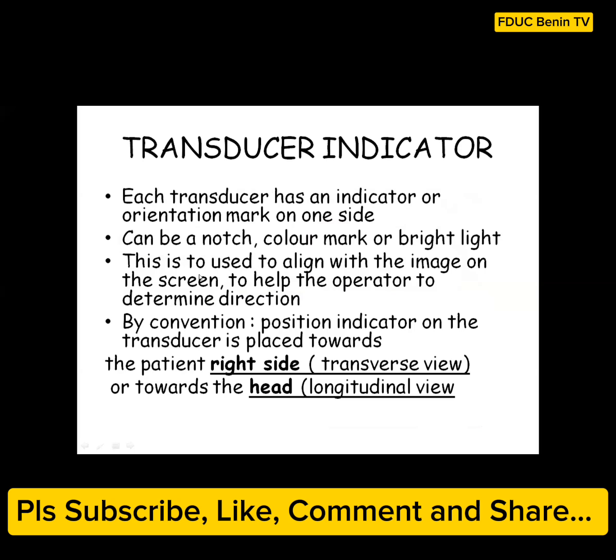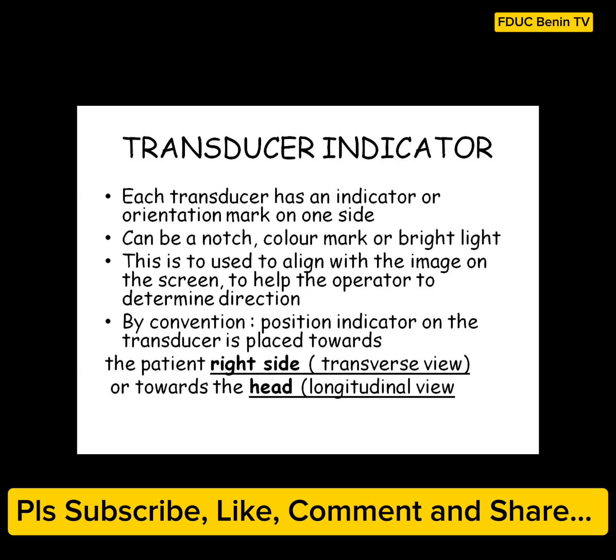So when you see your probe, just have a look at it. Now, this transducer indicator helps you to align the image on the screen. It helps you to know how to hold your probe, the direction.